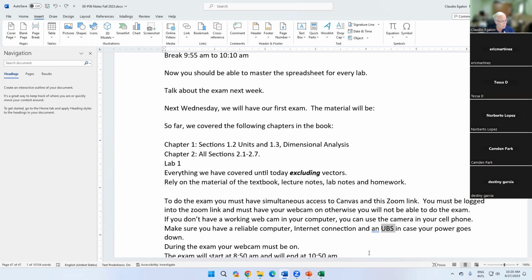When I'm here at home, every now and then I have a brownout here. The power goes momentarily off and comes back immediately. And I have this UPS device here. If I didn't have it, I would lose my connection with you folks. And it would take a long time for me to connect back with you. It happened to me when I was teaching. A long time means like 5 or 10 minutes, right?